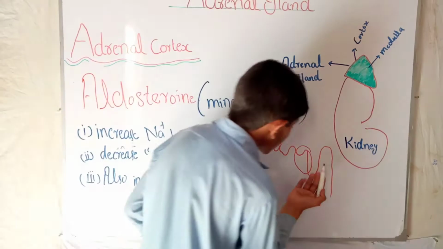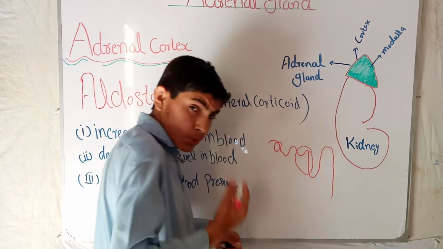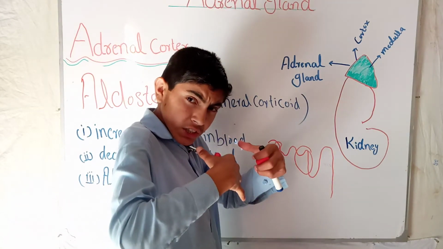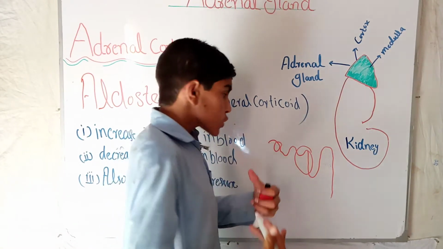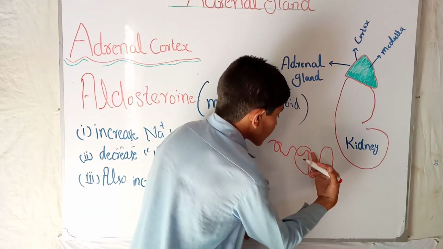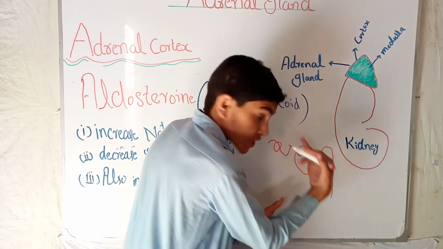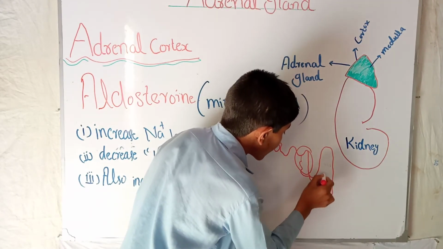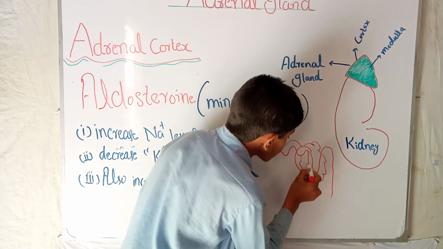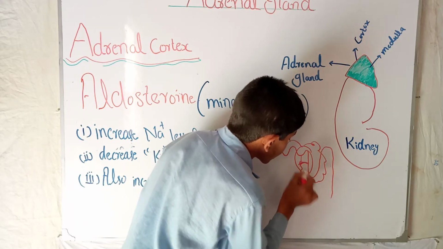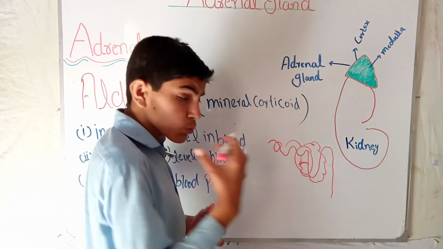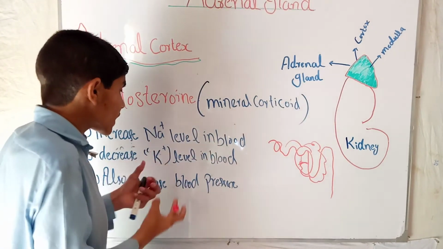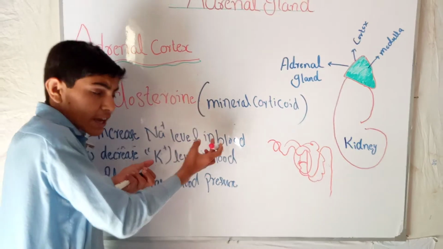So the sodium which is removed from the blood along with the toxic material, nitrogen bases, is reabsorbed into the blood vessels. You can see here the blood vessel, so it is reabsorbed back into the blood vessel, and this way it maintains the normal level of Na in blood.